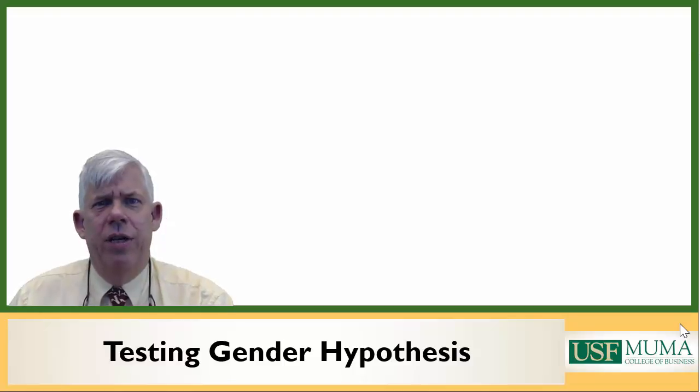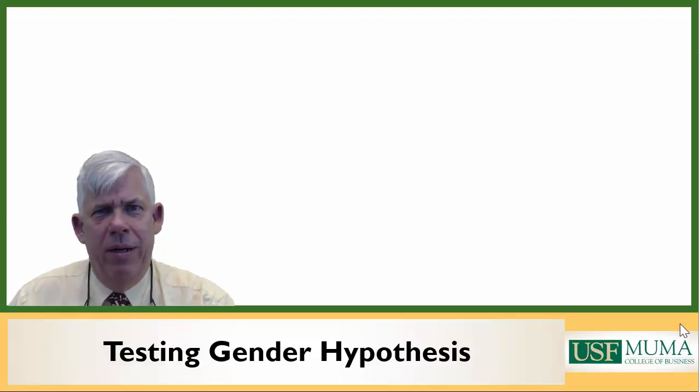So in order to test the gender hypothesis, let's go over conceptually what we want to do. We've got a sample that has both men and women responding to the question of what is your ideal weight.